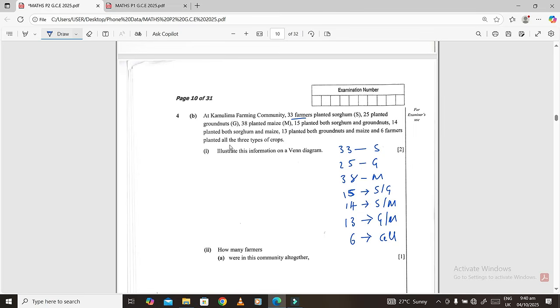So they planted all the 3 types, these 6. Illustrate this information on a Venn diagram.